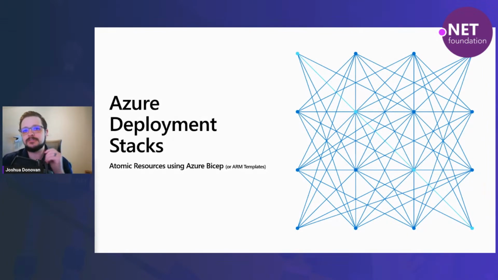Alrighty, I can see my screen is shared, so we can go ahead and get started. Like you said, my name is Joshua Donovan. I am a Microsoft Support Escalation Engineer. I work in the Azure Rapid Response team, specifically in the Developer Azure Services organization. I am specialized in the Azure Resource Manager space, or ARM, so that has to do with basically everything to do with deployments.